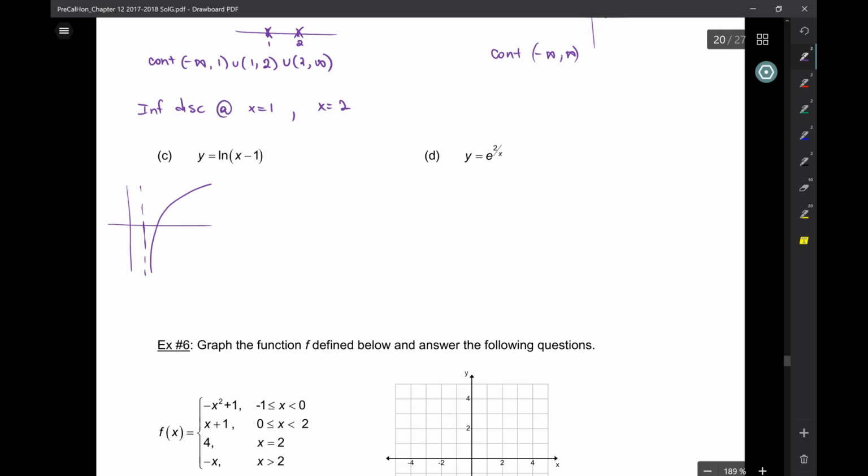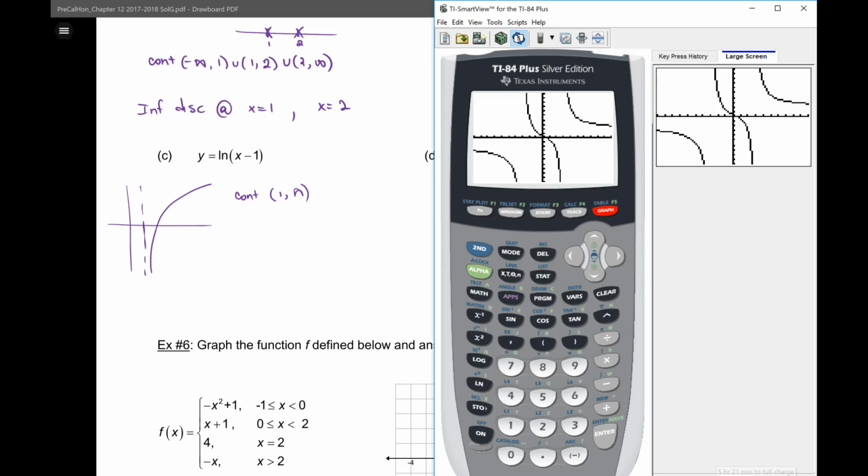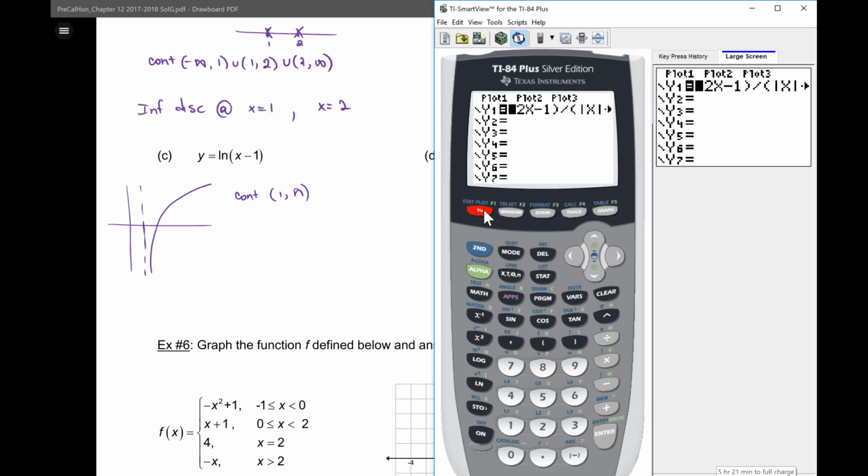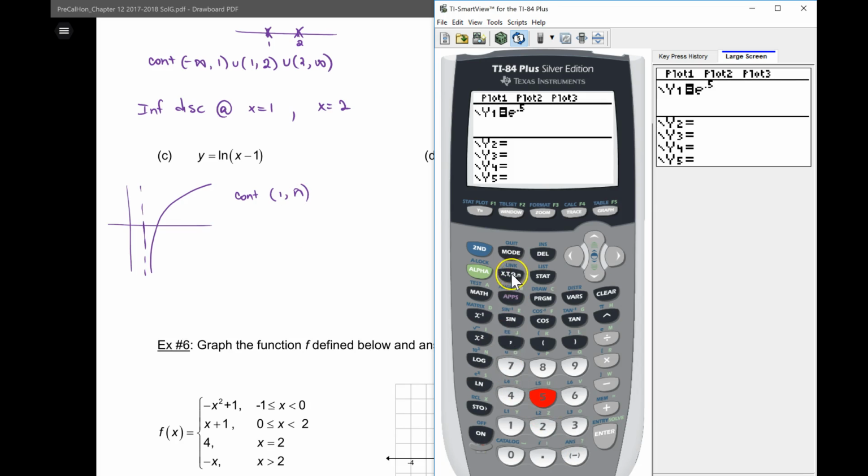So it's continuous from 1 to infinity. Otherwise, it would have been 0 to infinity. Can it hit 1? No, because x minus 1 moves it to the right one.